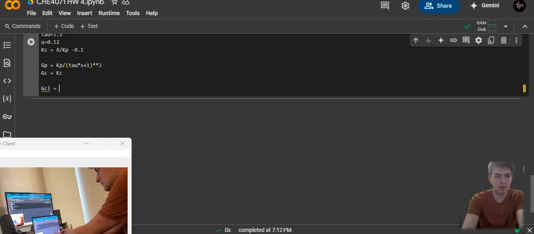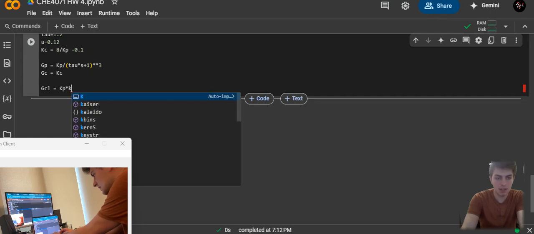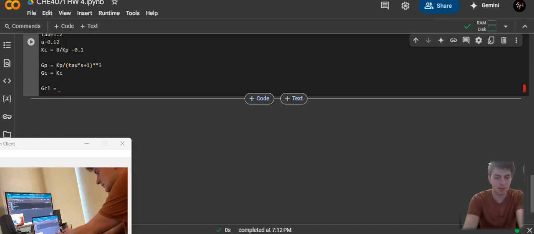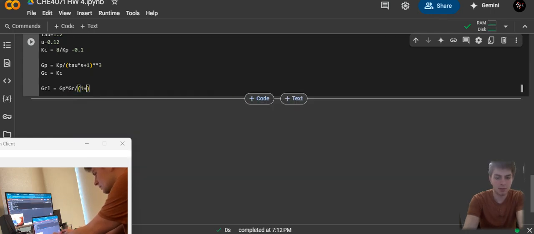Finally, we're going to want our closed loop gain function here, which we know because we derived it is going to be Gp times Gc. Let's do it in terms of gains here, just to make sure we don't mess as much up. That's true for any closed loop.